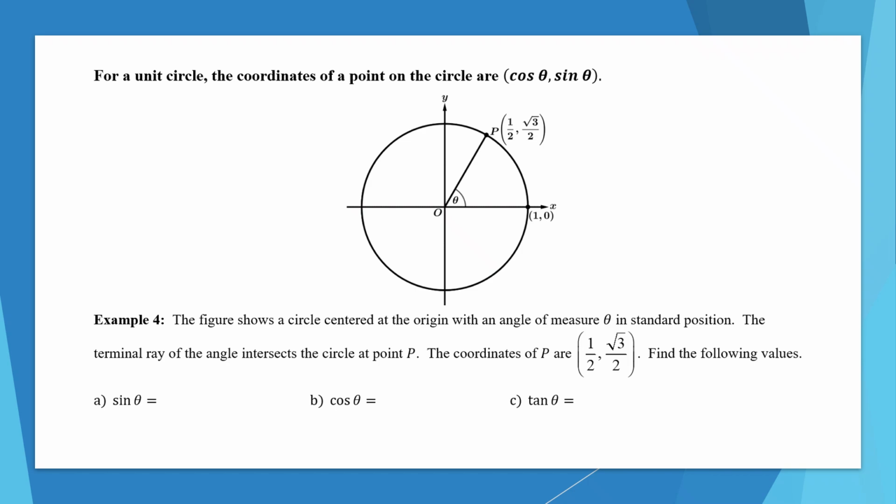All right, so let's try example 4. One thing that is important to know is that for any unit circle, the coordinates of a point on the circle are going to be cosine, which is your x value, and sine, which is your y value. Now, how do I remember whether it's cosine first or sine first? It's pretty easy, there's a few ways to do it.